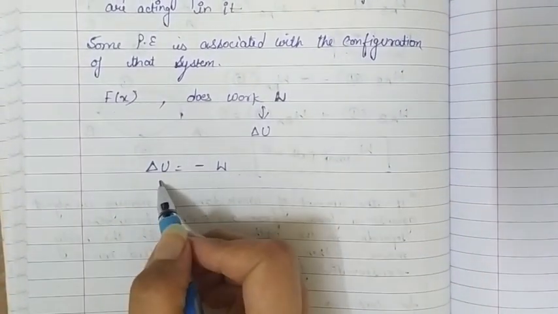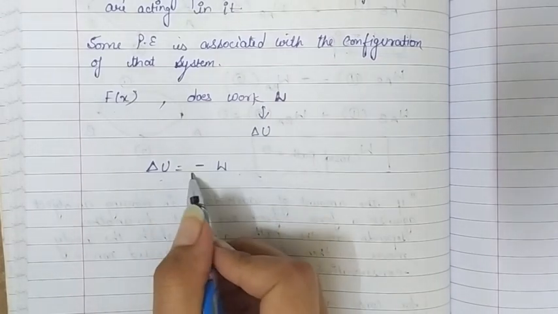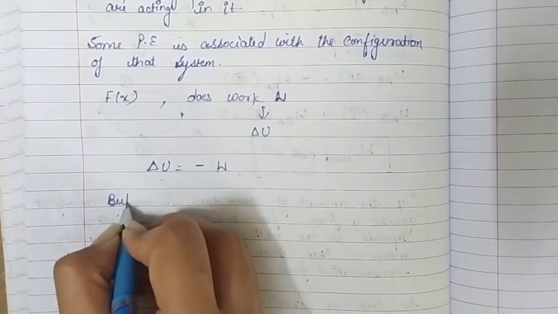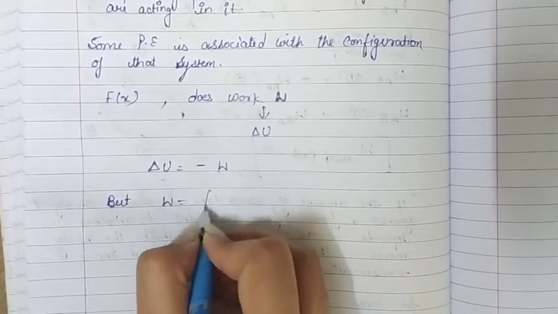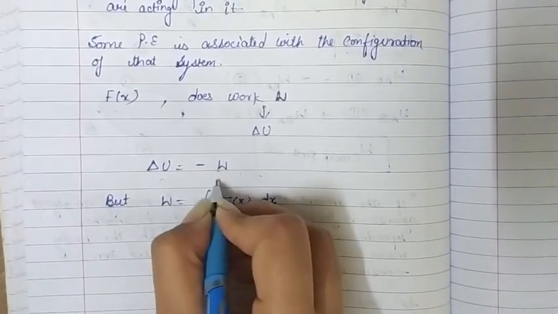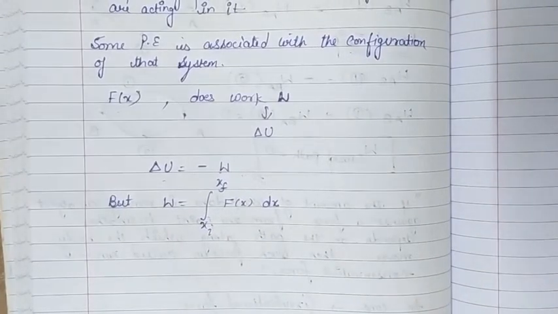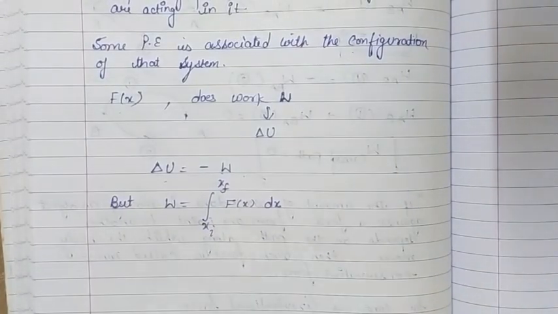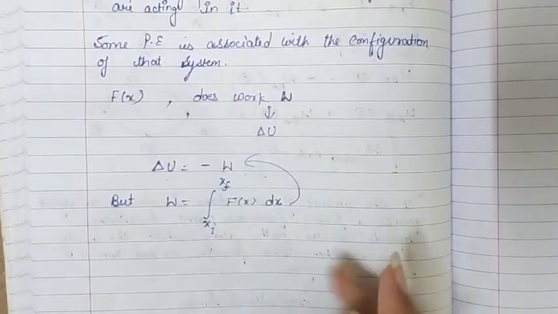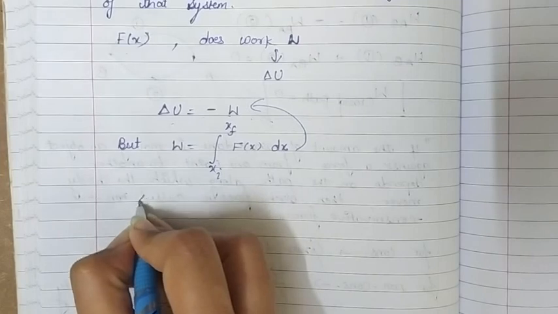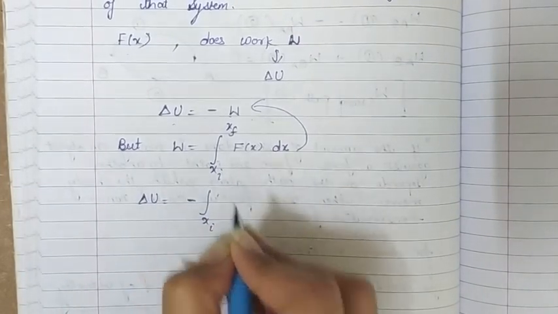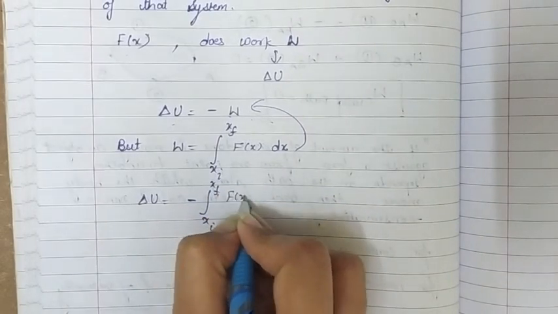This potential energy change is equal to the negative of the work done by the conservative forces, but we know that this work done is equal to the integral of Fx dx while the particle is moving from initial to final position. So the displacement is from xi to xf. We can write W is equal to integral xi to xf Fx dx, and we are going to substitute this value in potential energy. So delta U is equal to minus integral xi to xf Fx dx.